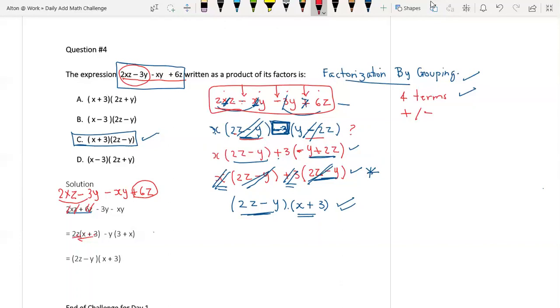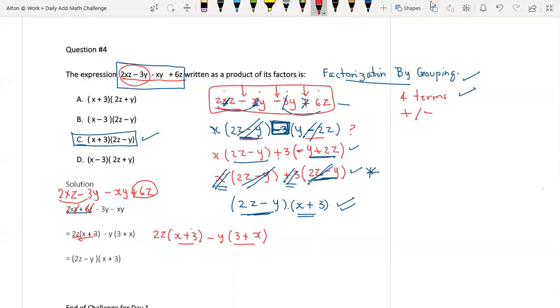Let's write it again. 2z multiplied by x plus 3, minus y by 3 plus x. Are these two factors identical? The answer is yes. x plus 3 is identically equal to, or the same as, 3 plus x.